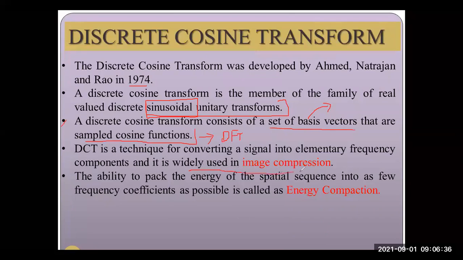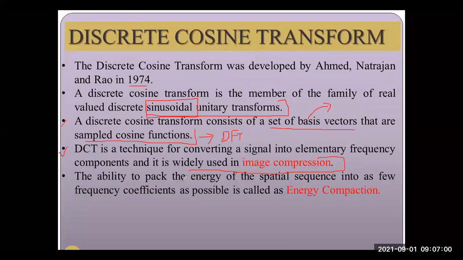Whenever you need to compress the image, or reduce its size and transmit it in low bandwidth, we always go for the discrete cosine transformation, because it is very helpful for image compression.